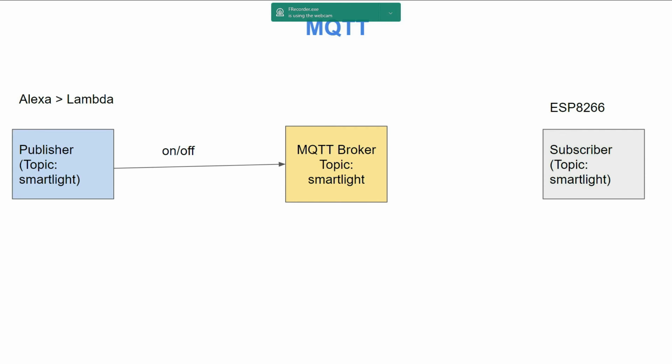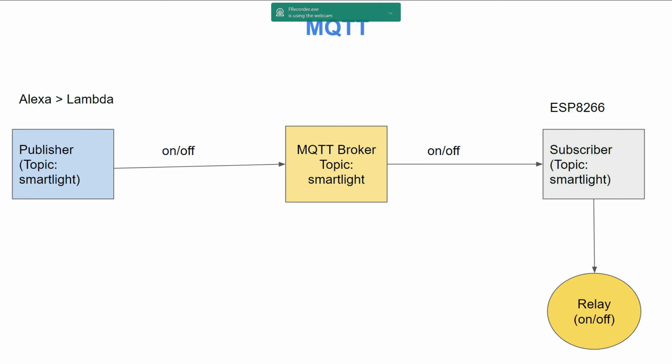As soon as the broker receives the message on the topic Smartlight, it will pass on the message to the subscriber, which is the ESP8266 in our case. Based on whether we have passed on or off, the ESP will turn on the relay or turn off the relay, which is controlling our bulb.